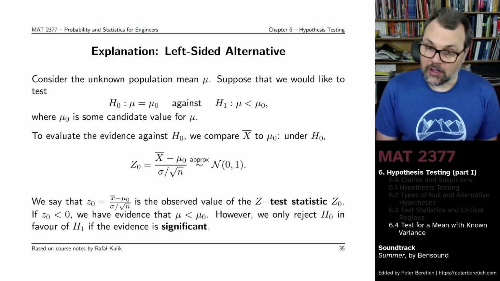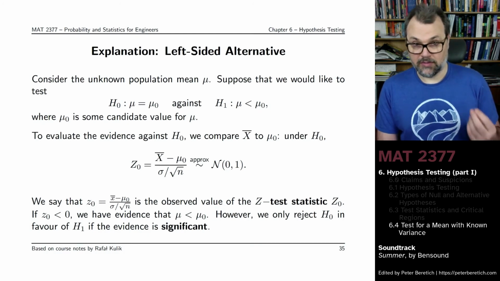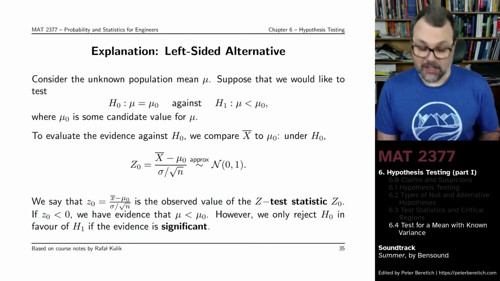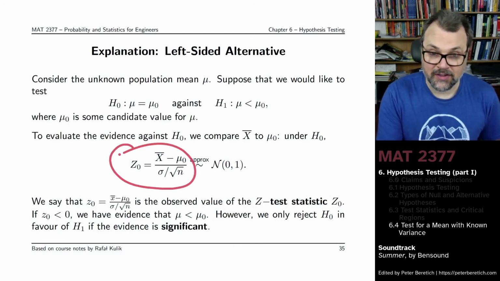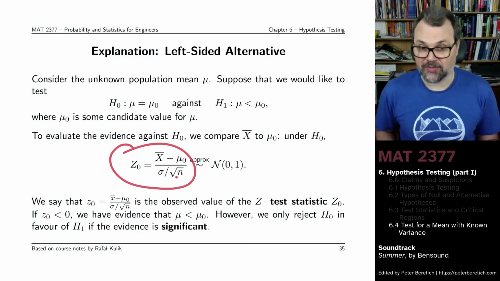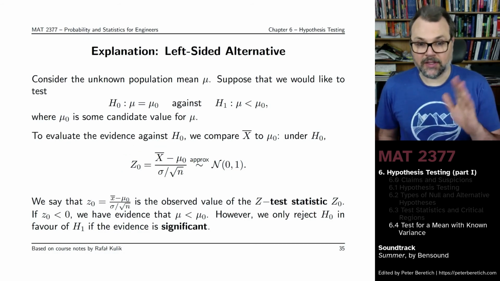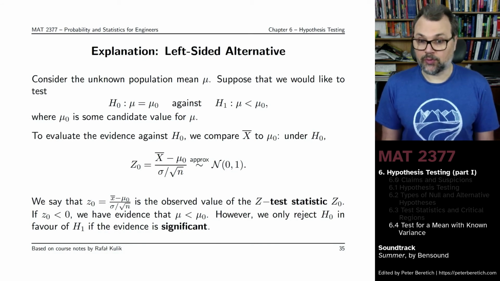If the null hypothesis holds, if the true population mean mu was equal to mu naught, then what we've seen is that this quantity here, the standardized quantity according to the central limit theorem, the sample mean x bar minus the candidate mu naught divided by sigma divided by square root of n, should follow approximately a standard normal distribution.